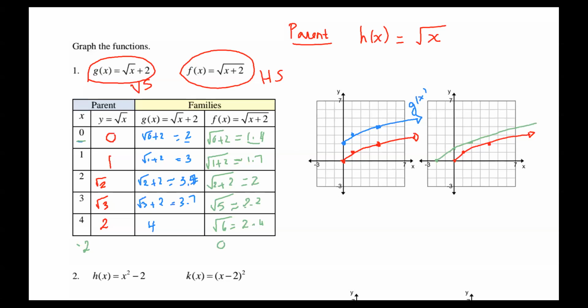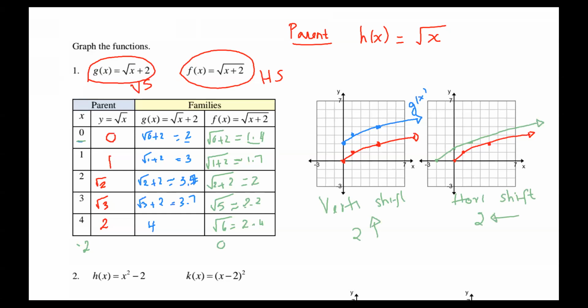Okay. So if you look at that, this is the horizontal shift, 2 units to the left. And this is the vertical shift, 2 units up. So 2 units up here, and then 2 units to the left.